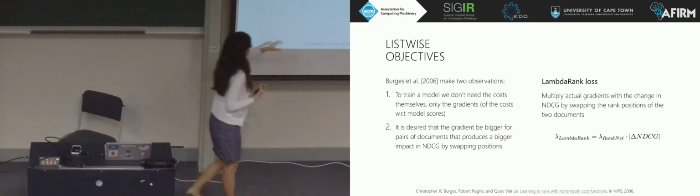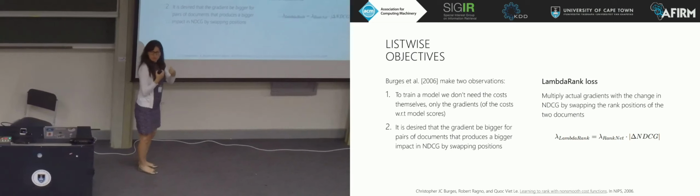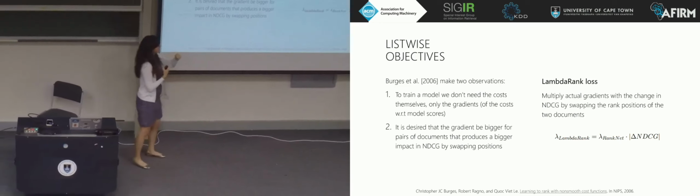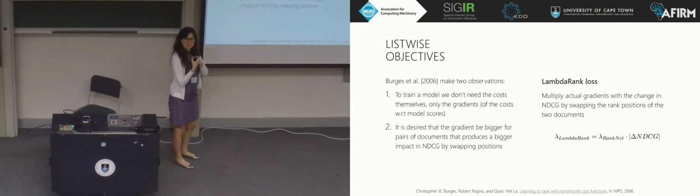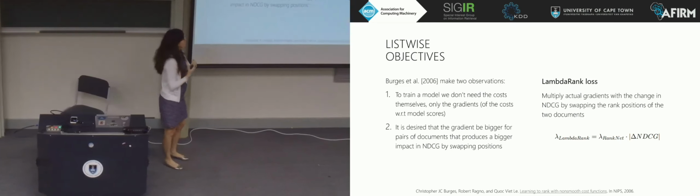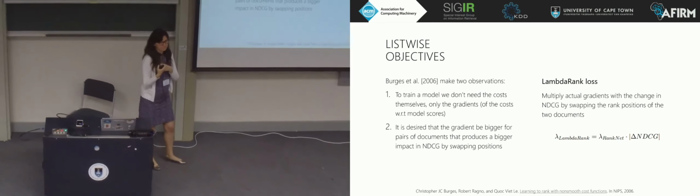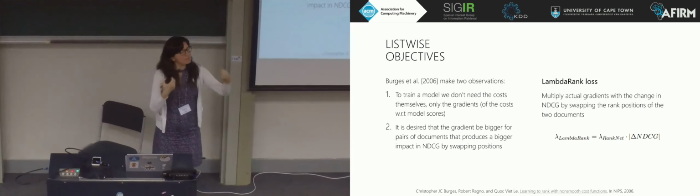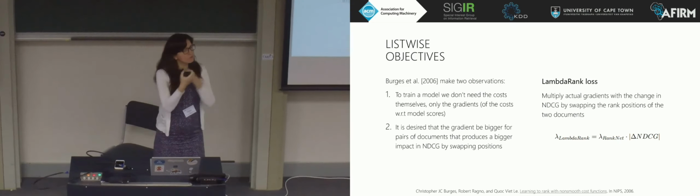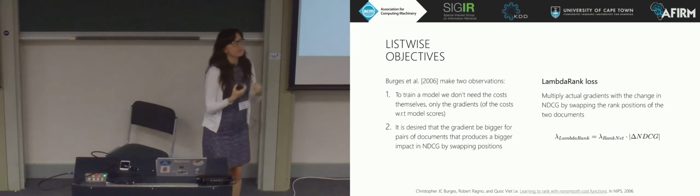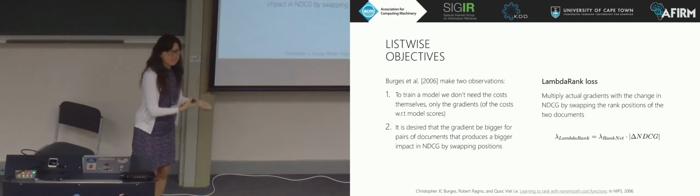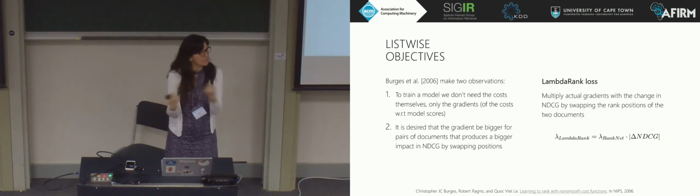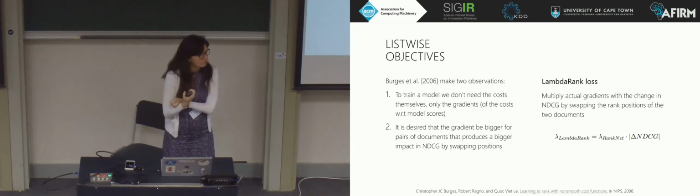So one thing that our gradient for a pair of documents should satisfy is that the gradient should be higher for pairs of documents that produce a bigger impact on NDCG, for example, if we are optimizing NDCG, by swapping positions. If you have two documents, I and J, and your NDCG score changes more when you swap them, then the gradient for those documents should also be higher than for another pair of documents for which the change in NDCG score is lower.